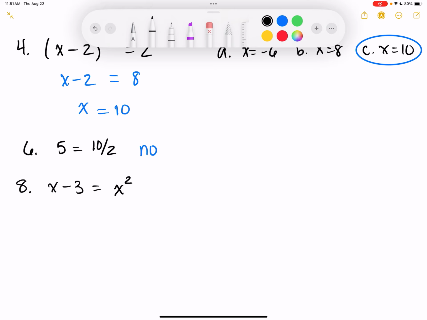Let's back it up. What is the equation of a line? y equals mx plus b. Okay, y equals mx plus b. What's another way I can write it? That's slope-intercept form. What's point-slope form? How about y minus y1 is equal to m times x minus x1?